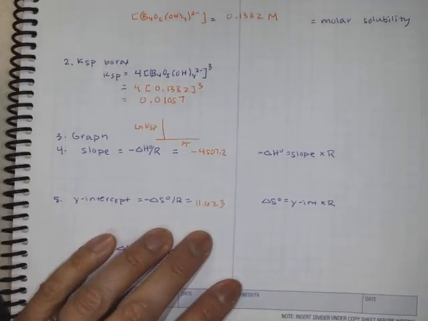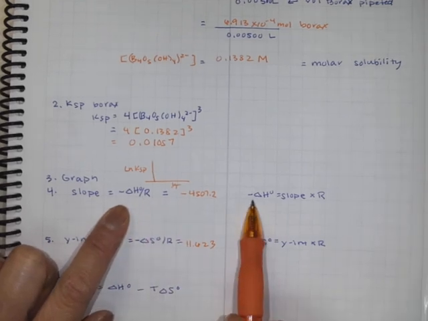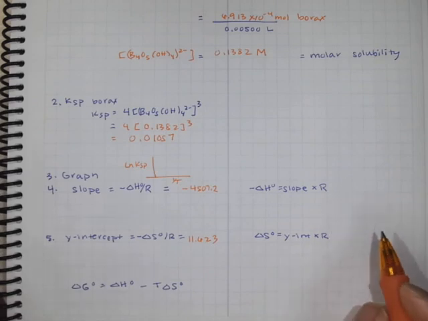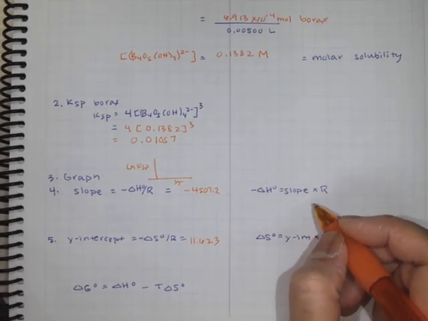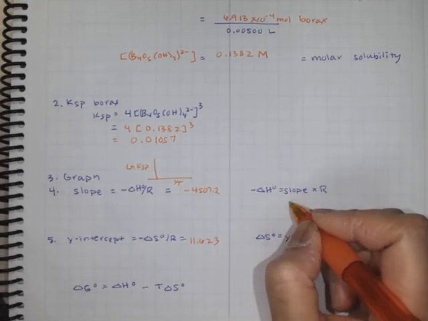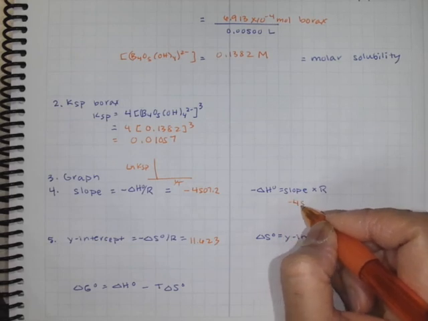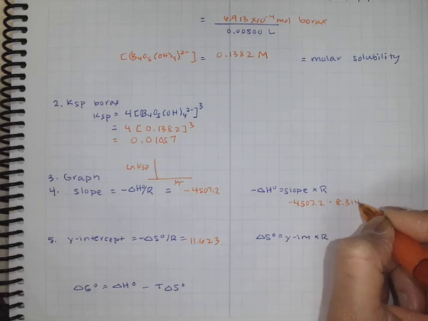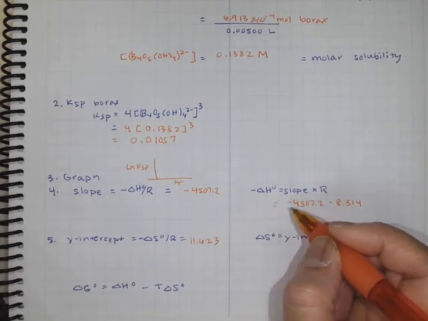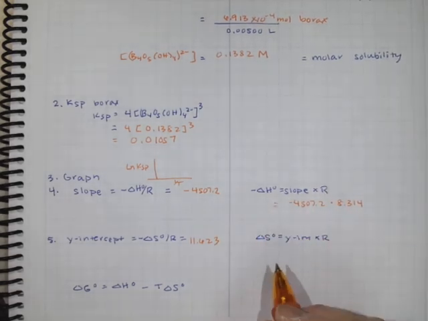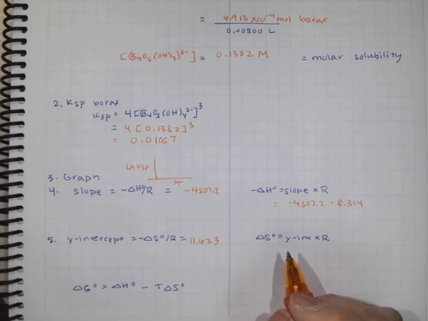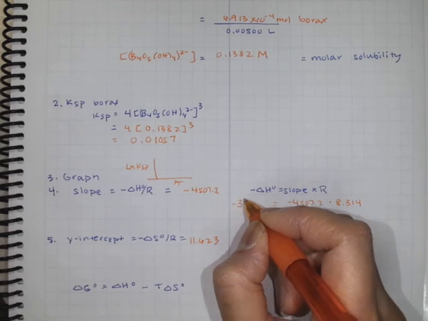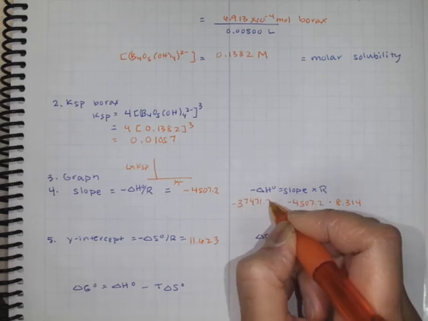Okay, so you can use this equation. If you solve for the negative delta H, you get the slope times R. So your slope is negative 4507.2, and you're going to multiply it times 8.314, and that will get you your value for negative delta H, which will be negative 37471.2.